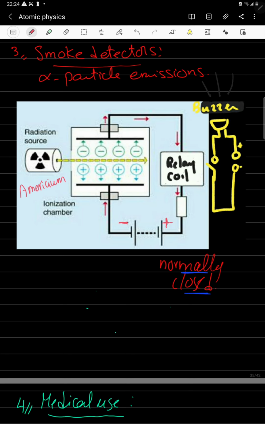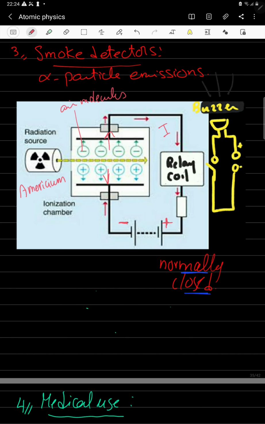When the alpha particle passes, it has a very strong ionizing effect. It will cause the air molecules here to be ionized, causing the negative electrons to be attracted to the positive plate like this, and the positive ions to be attracted to the negative plate, and this causes a current to flow.